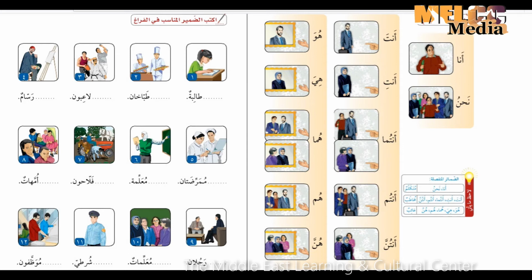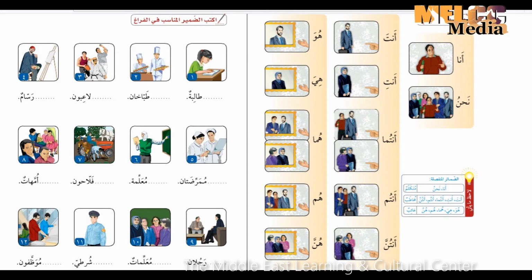Okay? So here, when we say ana, this is good for, when you say I am, whether you're male or female, it does not matter. So ana here is like I am, with no distinguishing between gender or anything. All right? And here, نحن. نحن, that means we.